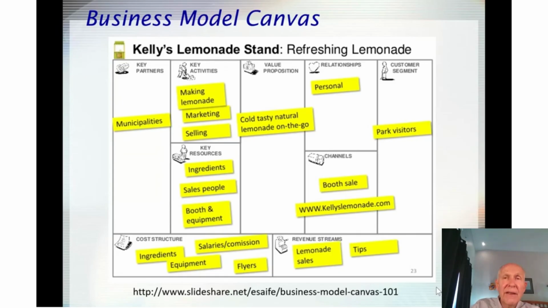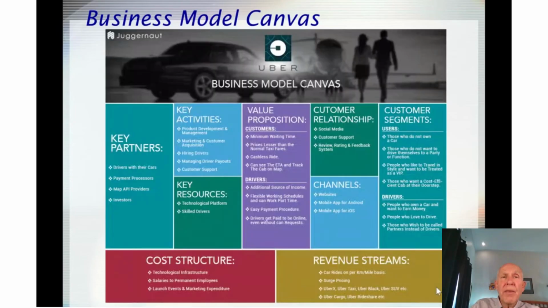And that's very commonly taught in business schools. To give you an example, Uber, you may have heard of these folks. They're in Marrakech and also in Casablanca. They're one of the largest taxi services in the world, and they're all over the place. And they have a business model.